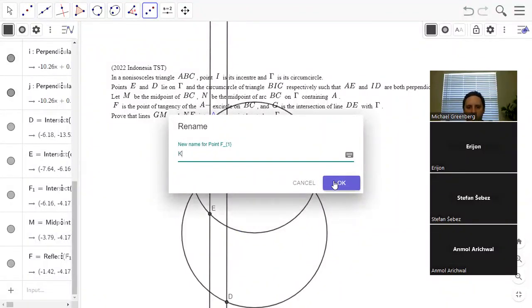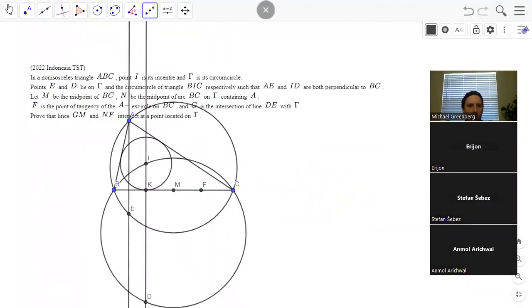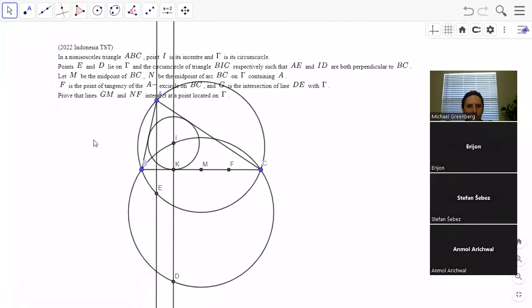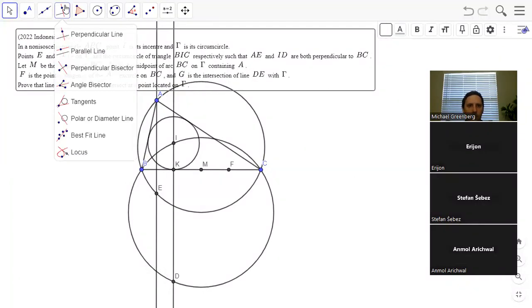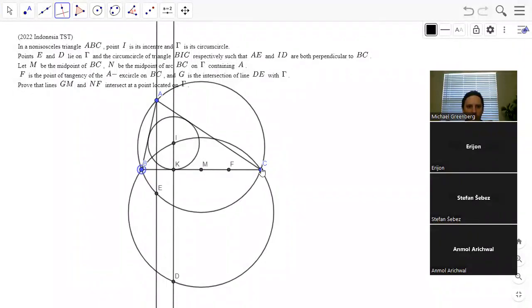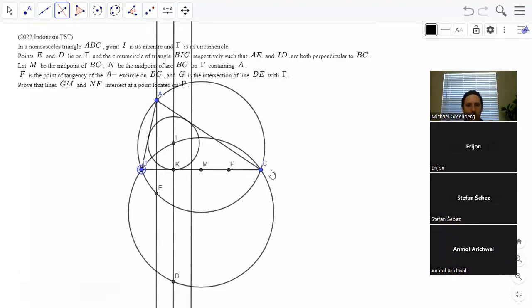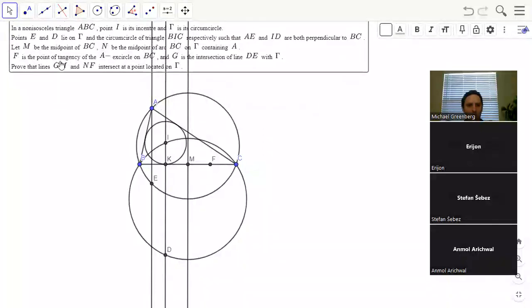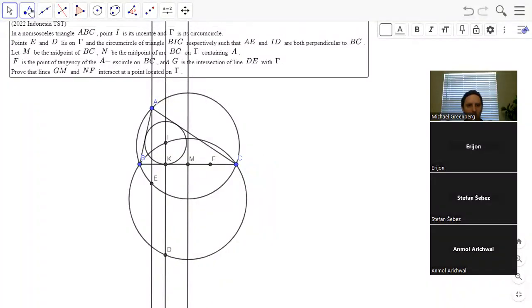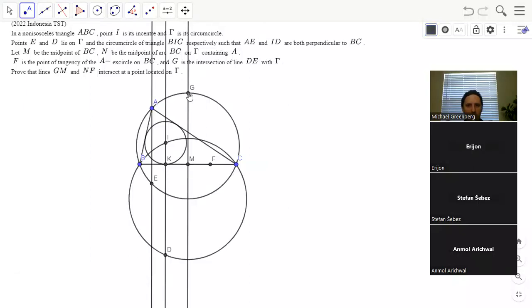Okay, so we need to draw these 2 points. This and this. This is N.